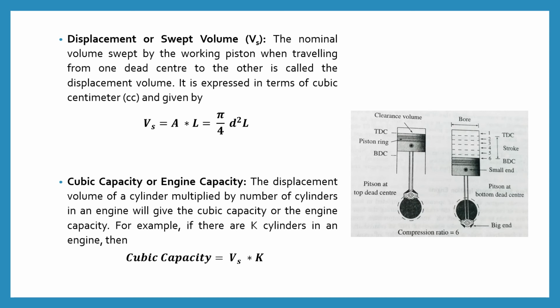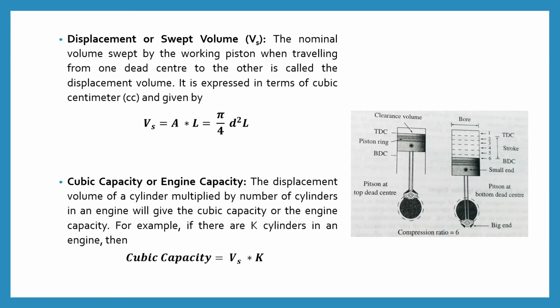That means when the piston moves from TDC to BDC, this particular volume is called the displacement volume or the swept volume, and it is designated by Vs, expressed in cubic centimeters or cc.